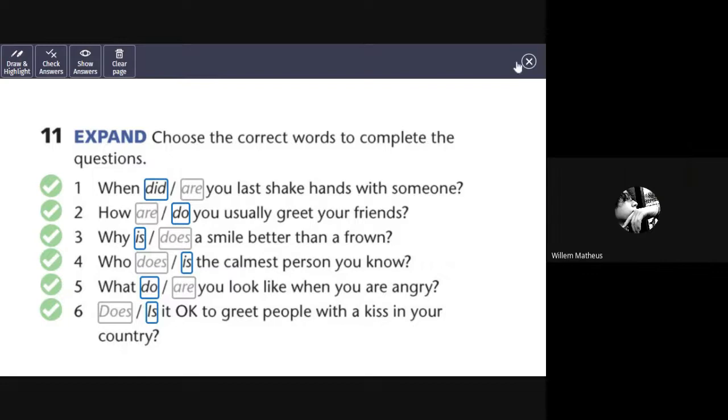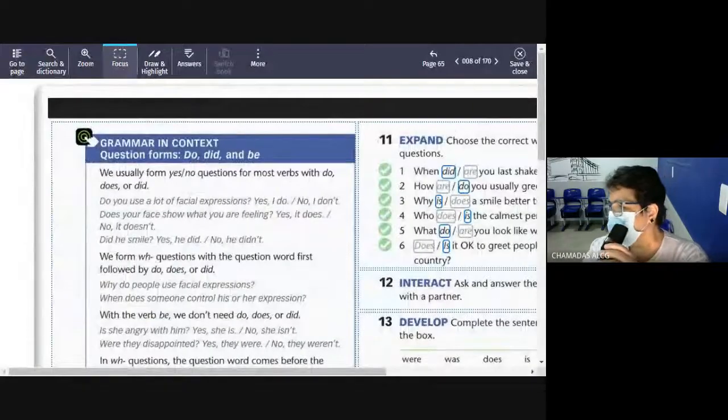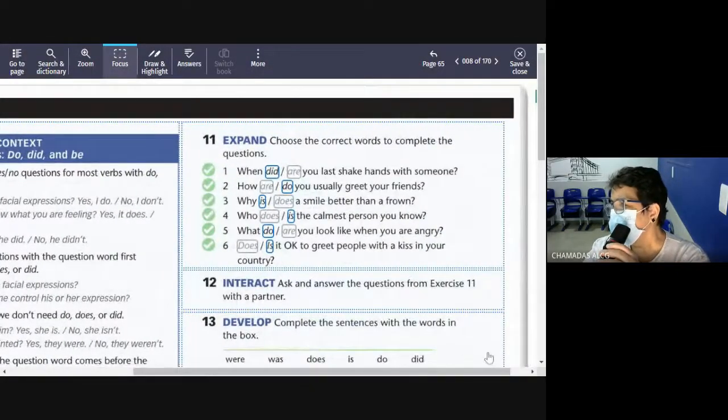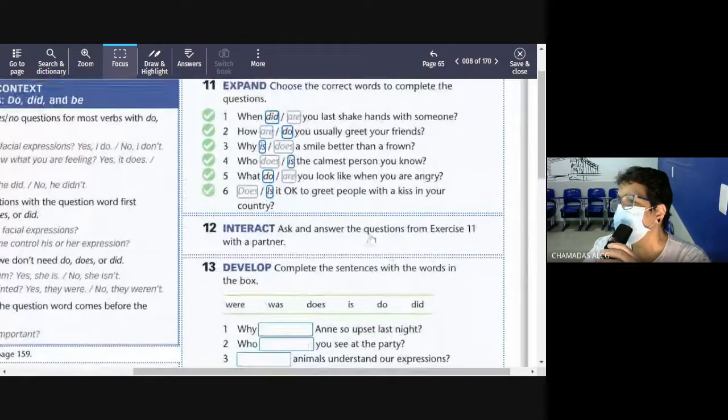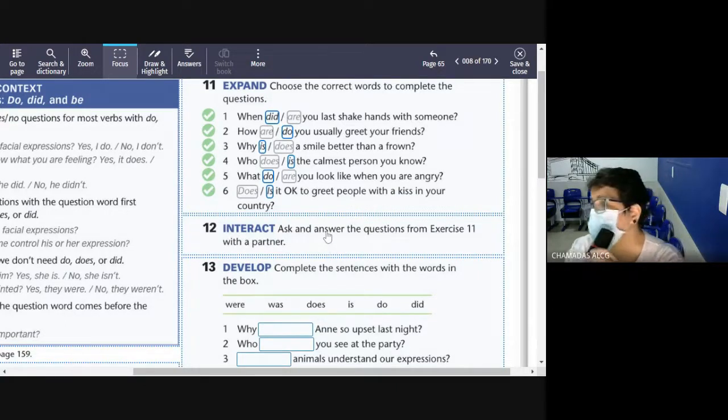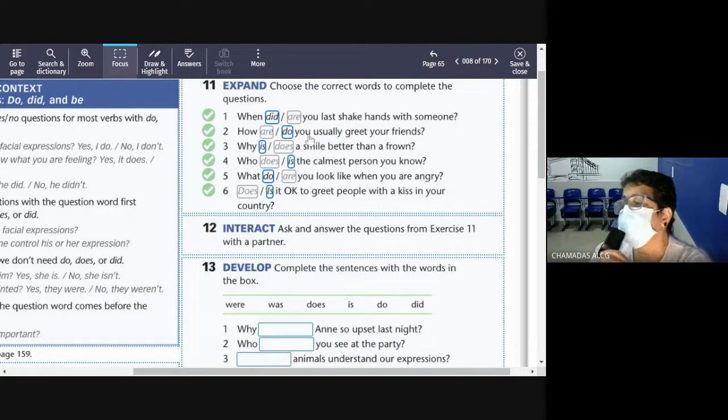Good. Yes, teacher. Okay. So now moving on to this interaction part, they want us to ask and answer the questions from exercise 11 with a partner. So you can ask the questions. You can choose one question here and ask the group. So let's go ahead.